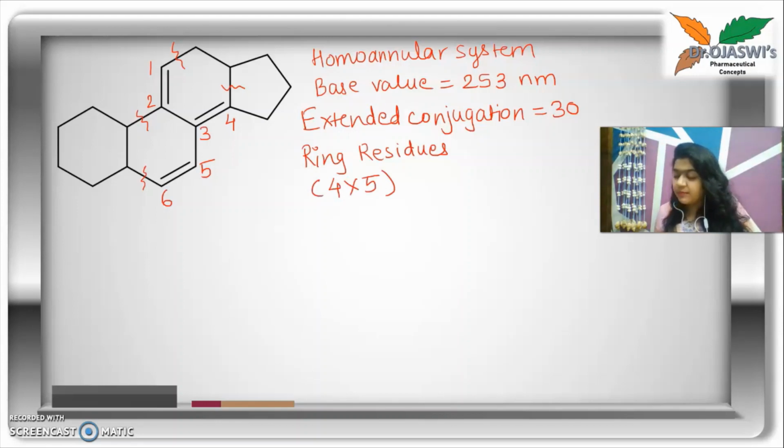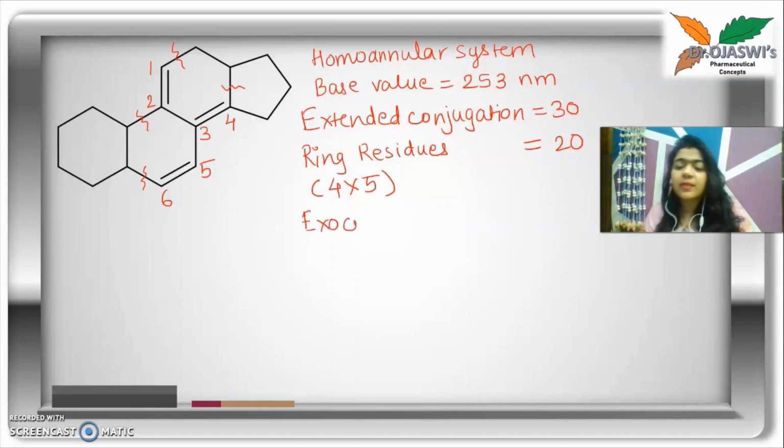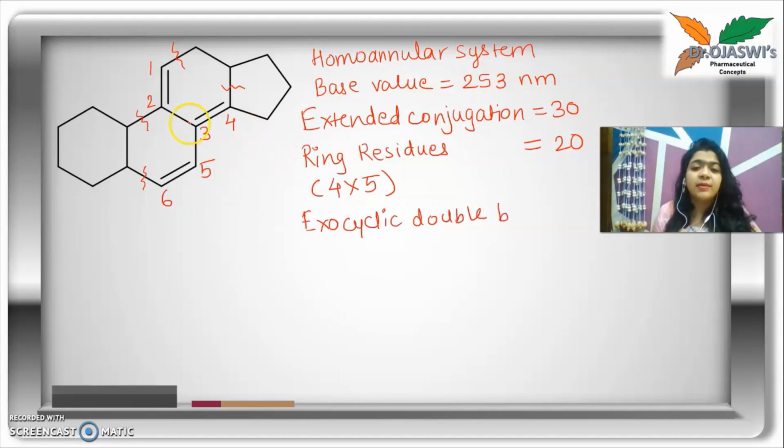And on carbon number 4 there are two ring residues present. And next is the exocyclic double bond. See here, this double bond is also there. So plus 5, so that becomes not 20 but 25.